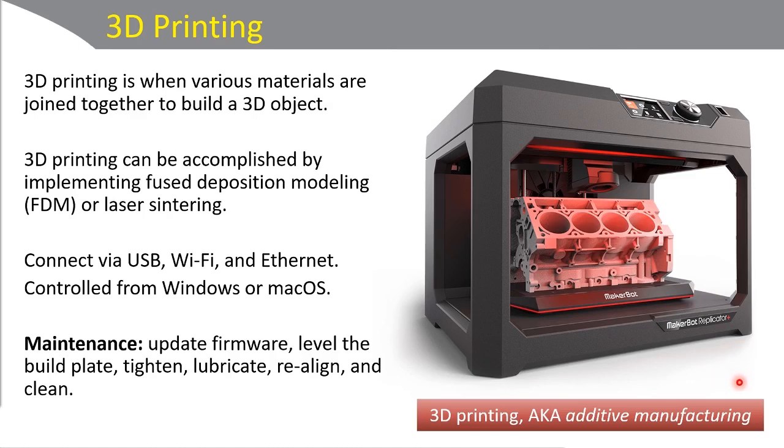Then you want to lubricate, tighten, and realign the rods and the pulleys periodically. And of course, calibrate the device like other printers, but from a 3D perspective. More expensive 3D printers will have automatic calibration configured. That's becoming more common with the less expensive ones too.